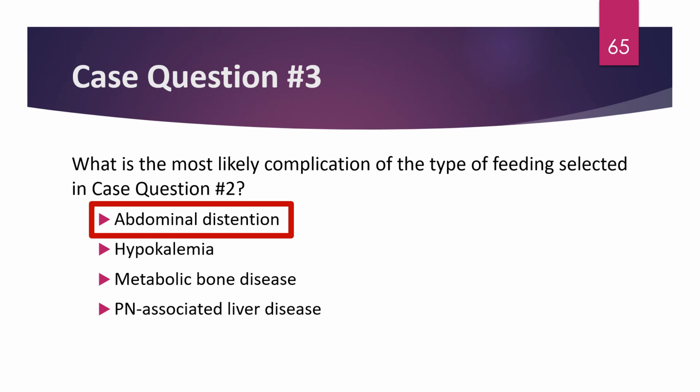Metabolic bone disease is something that happens over a period of weeks to months. And if we are giving the patient feeding, it's not as likely to happen unless this patient is on chronic PN therapy, for example, and they're not getting the sufficient amount of calcium or vitamin D that they might need in their diet. PN-associated liver disease is obviously not it, because this is associated with parenteral nutrition administration and typically develops over the course of weeks.